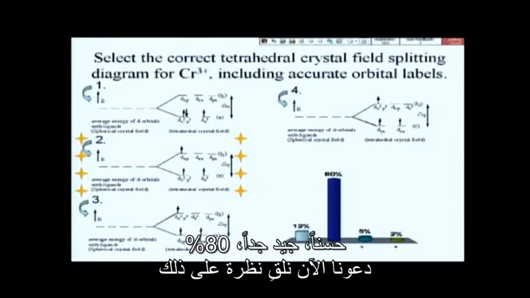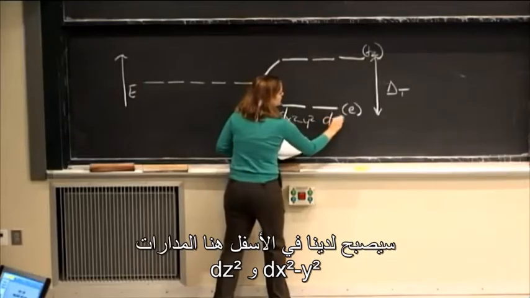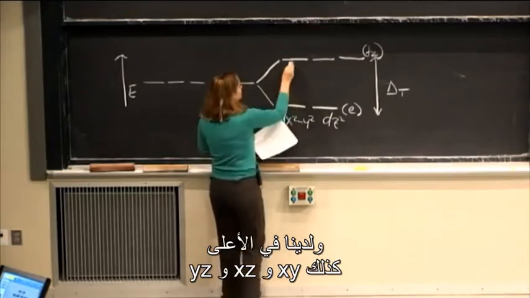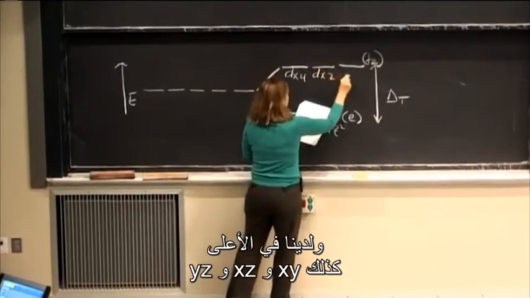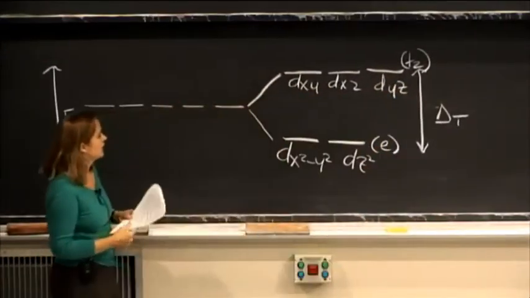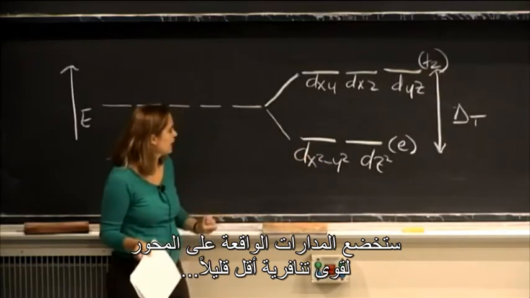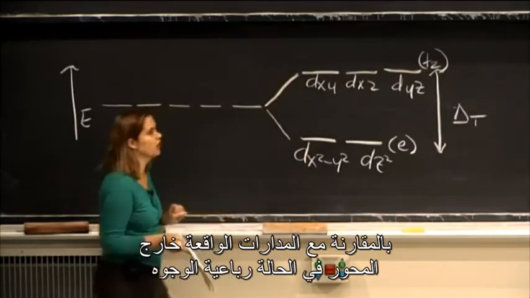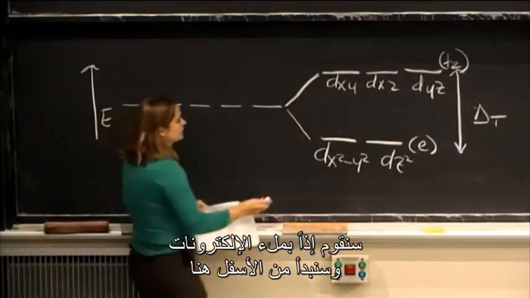So let's take a look at that. So down here, we're going to have then our dx squared minus y squared, dz squared orbitals. Up in the top, we have xy and xz and yz. Again, the orbitals that are on axis are repelled a little less than the orbitals that are off axis in a tetrahedral case.